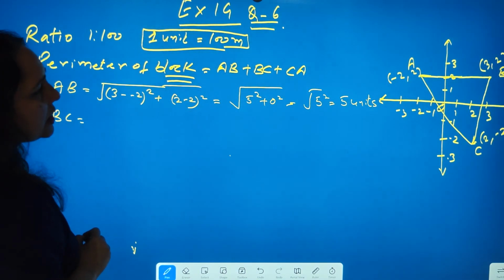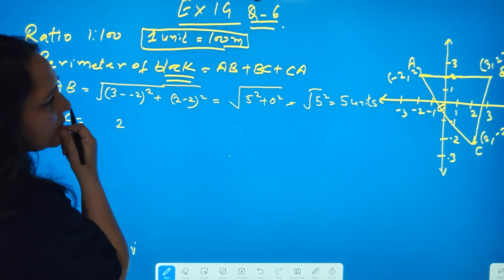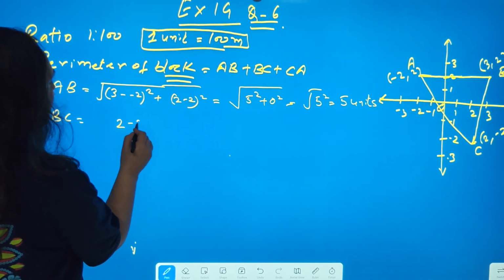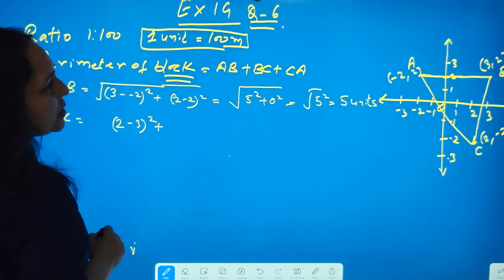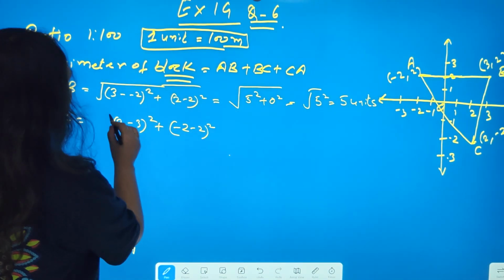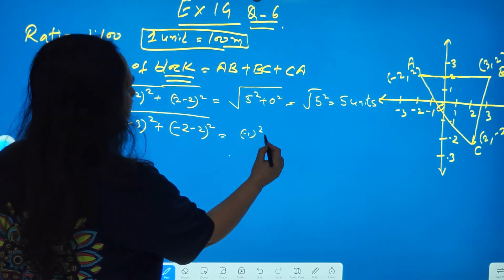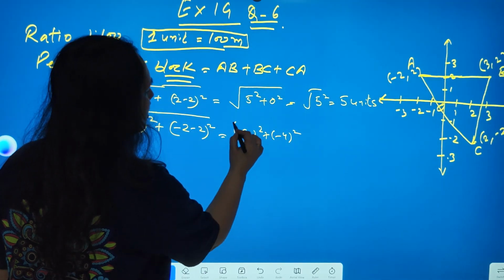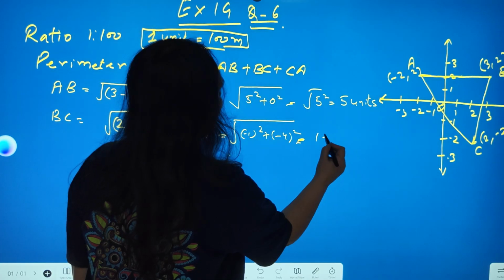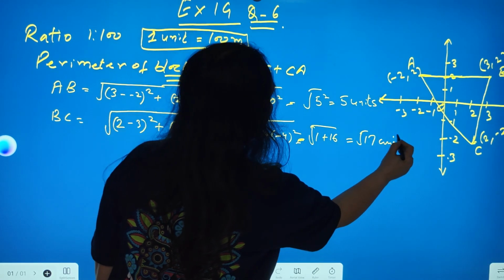BC is equal to the square root of 2 minus 3 whole square plus minus 2 minus 2 whole square, that is minus 1 square plus minus 4 square, which is 1 plus 16, so root 17 units, right?